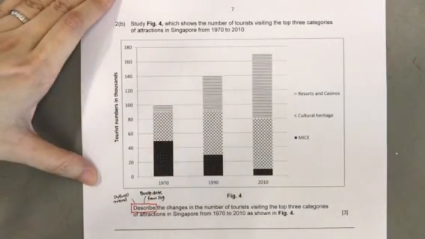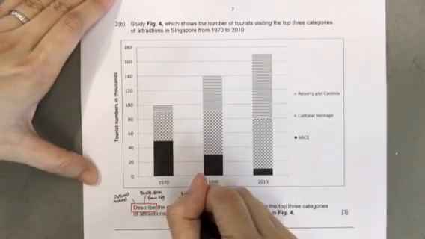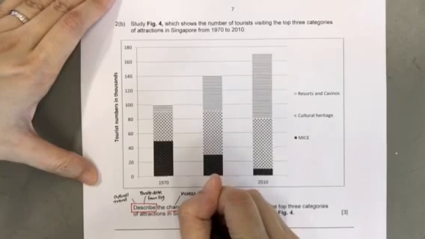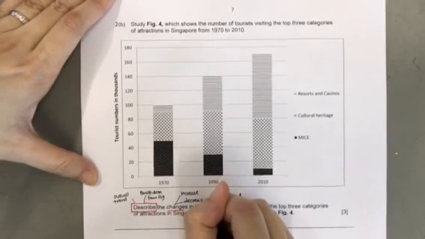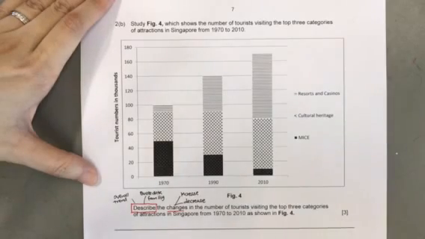Okay, let's move on to identifying the keywords. The first keyword here is changes. So changes in the number of tourists, it can either increase or decrease. And then the next keyword is top 3 categories.